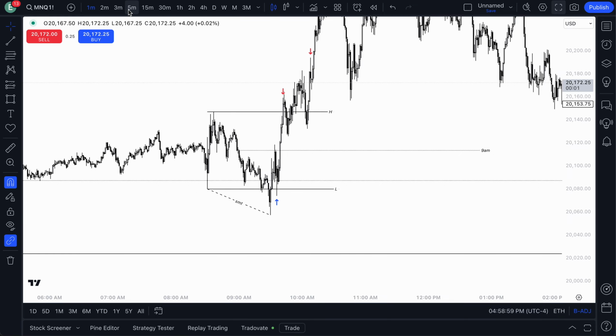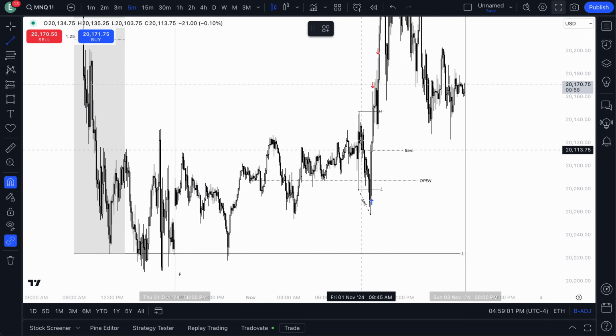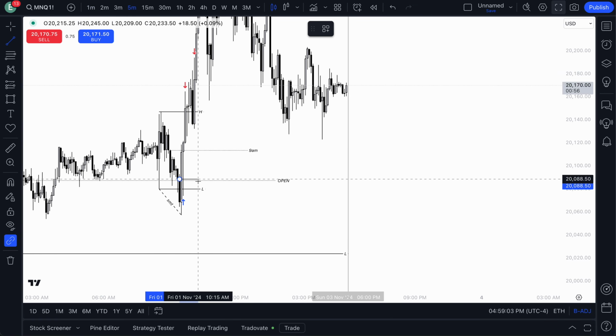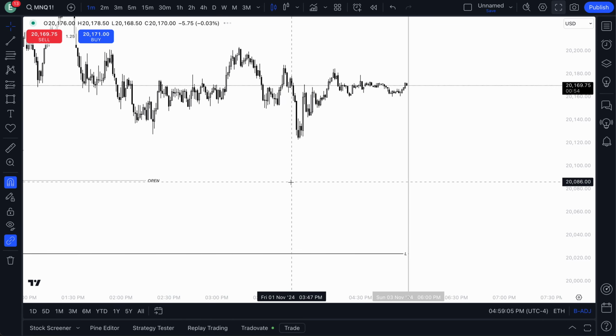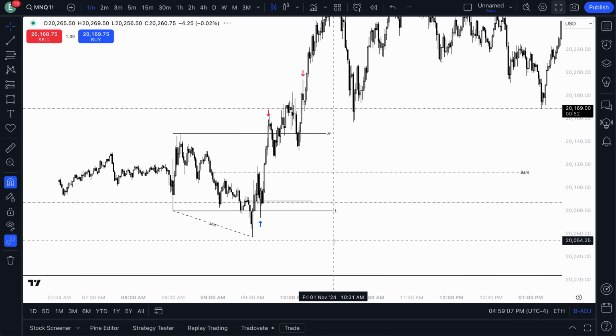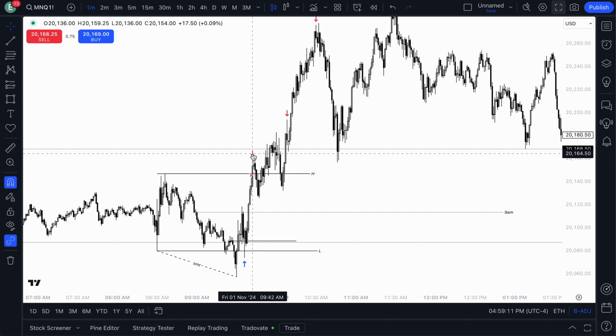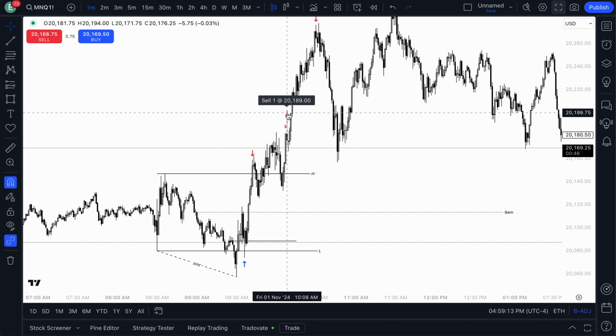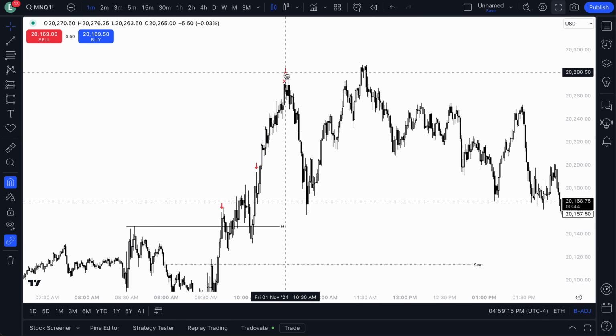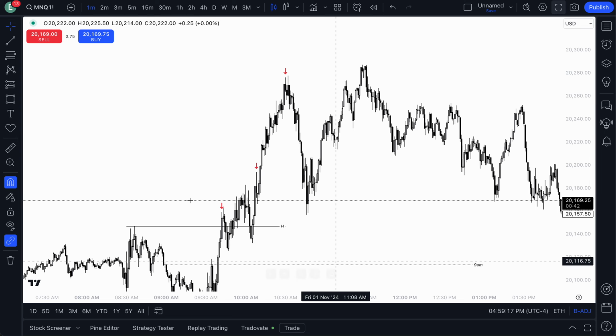Enter at the order block. Sell at the high. Sell at a 1 to 3. And then leave a runner. And that's that.